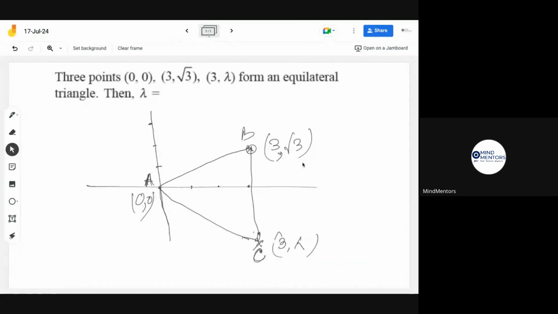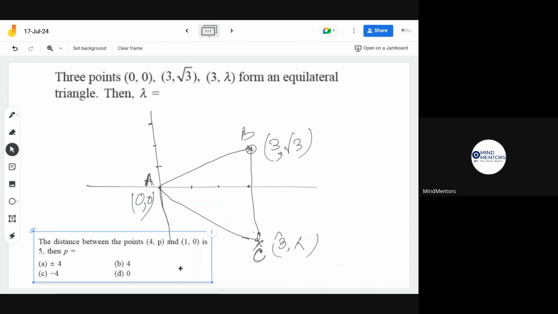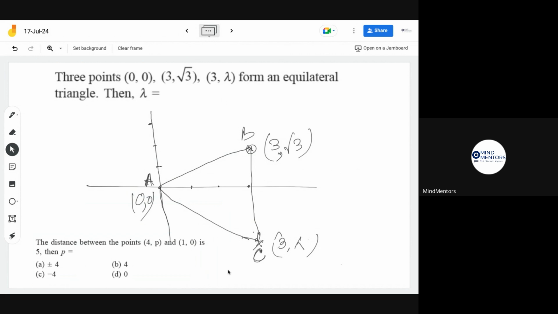Now, if you want to apply this in this problem, how would you apply it? Or take another problem of a similar type. Let's look at one more problem. If the distance between points 4, p and 10 is 5, then p is equal to what?